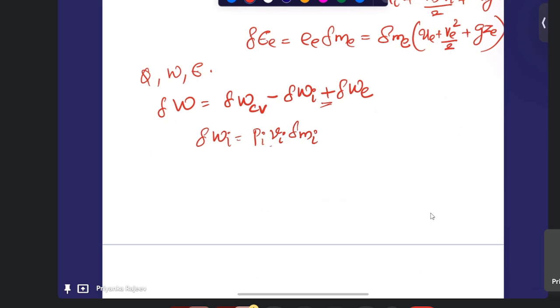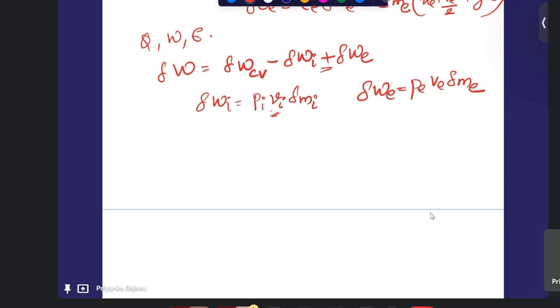Sorry, Pi delta V also. Sorry, not specific volume, this is velocity. Then for exit again, this will be Pe, Ve, delta Me, for outflow. So this is inlet or inflow, and this is outflow.